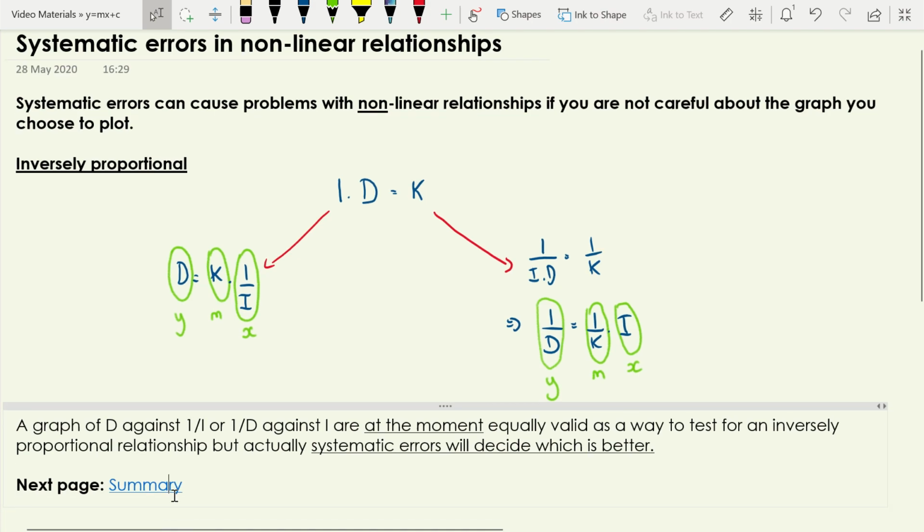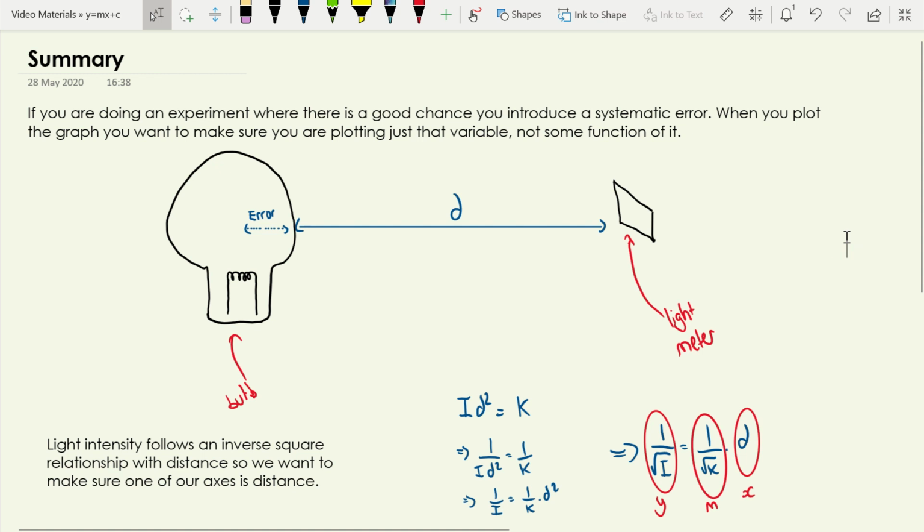So if we go back to this one, we started off by looking at this experiment here, where we change the distance and measure the light intensity. Theory says that they should follow an inverse square law. So what that means is that the light intensity multiplied by distance squared should give you a constant value.